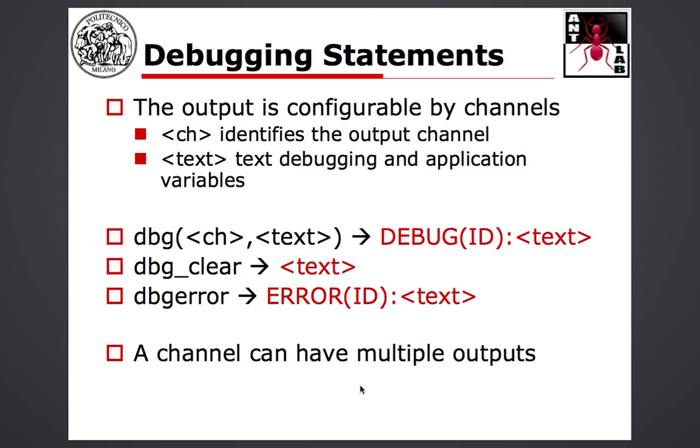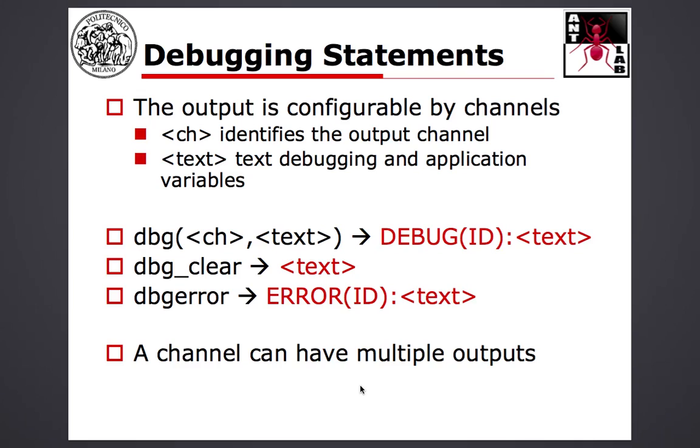This function accepts two parameters. The first one is the debug channel, and the second one is the actual text that we want to print. Now, the first parameter, the debug channel, can be either the output terminal or, for example, a text file, and you can specify as many debug channels as you want. Okay?